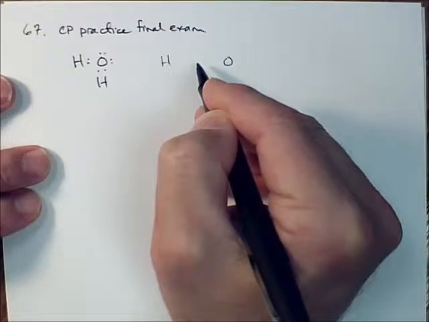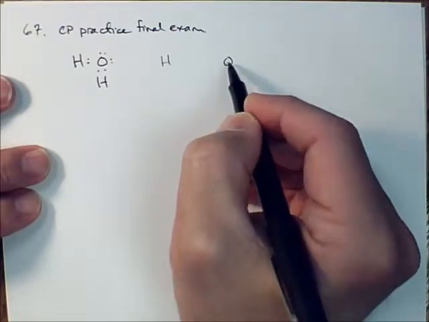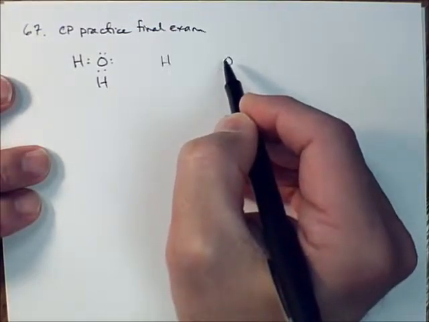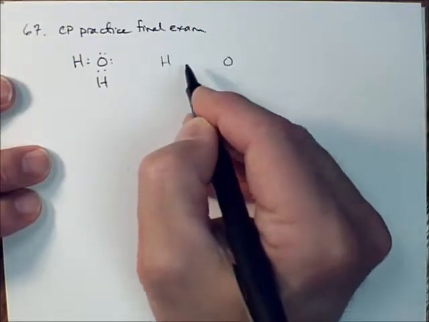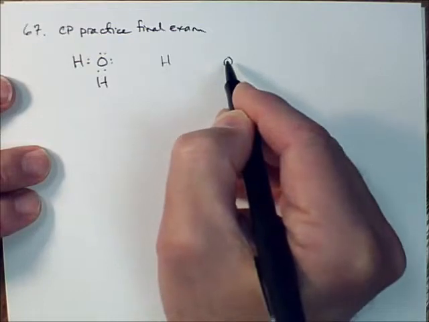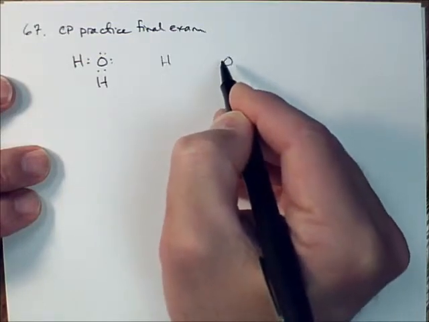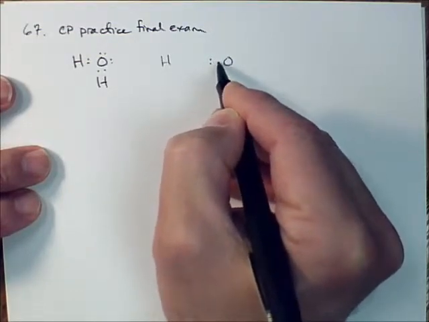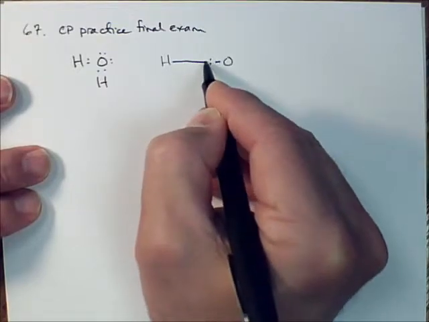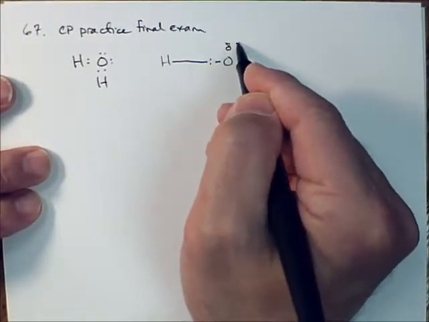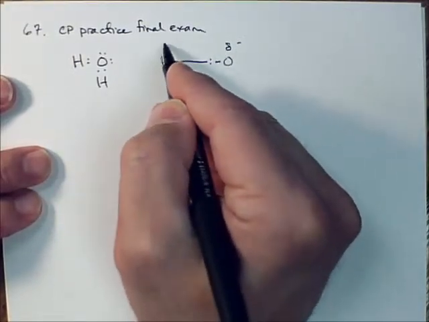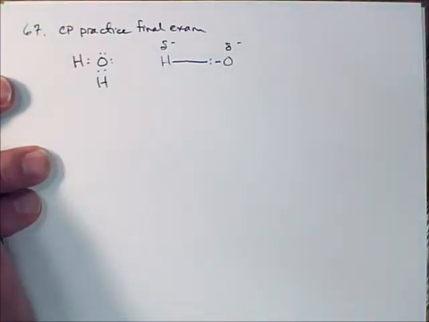By definition, if oxygen is pulling on those electrons more strongly than hydrogen is, and it does that, then the electrons are actually spending more time over here toward the oxygen. So if the electrons are more of the time over here closer to oxygen, that makes the oxygen more electronegative because electrons are negative, and the hydrogen more electropositive.